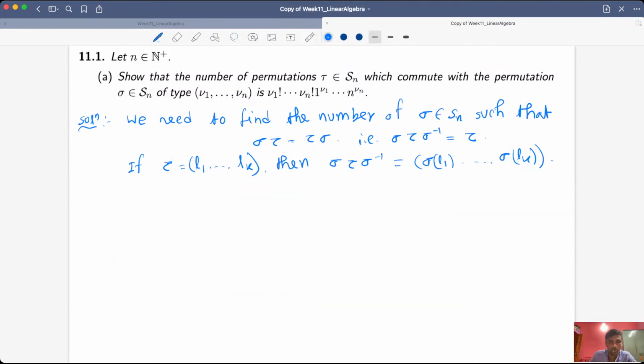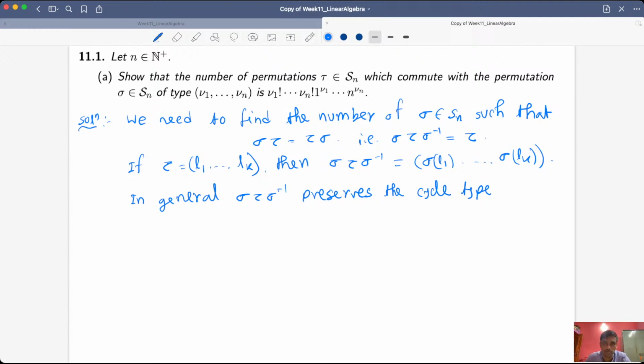In general, sigma tau sigma inverse preserves the cycle type of tau. This type is also sometimes called the cycle type.